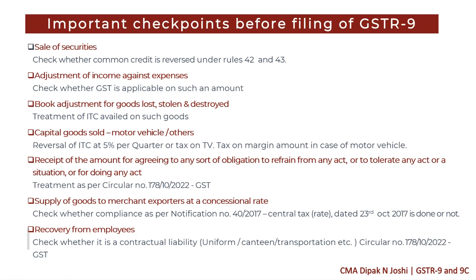Next important point is sale of capital goods. Now, in case of sale of capital goods also, Section 18 of the CGST Act provides special treatment. It is like the central excise law, only the percentages are different. Earlier in central excise law, 2.5% per quarter reversal was applicable.